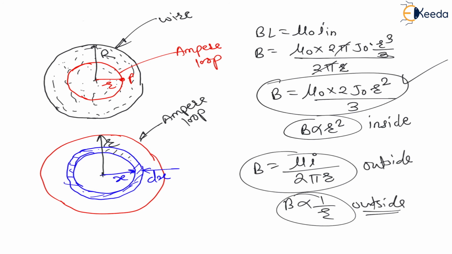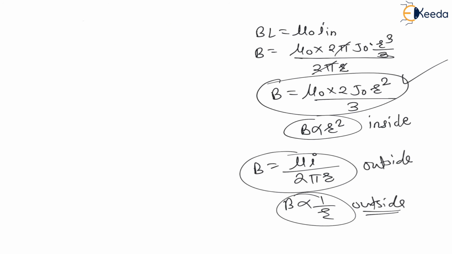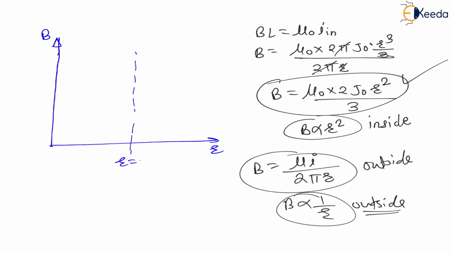So if I want to draw the graph, what will be the graph? My dear students, on the y-axis I will draw magnetic field density, on this axis r. Now, inside is this line, that is r is equal to R. This portion is inside the cylinder, and above this portion is outside the cylinder, right?